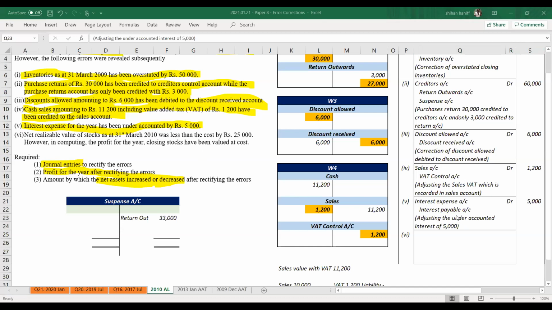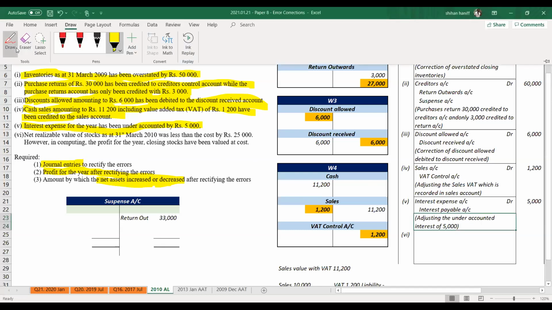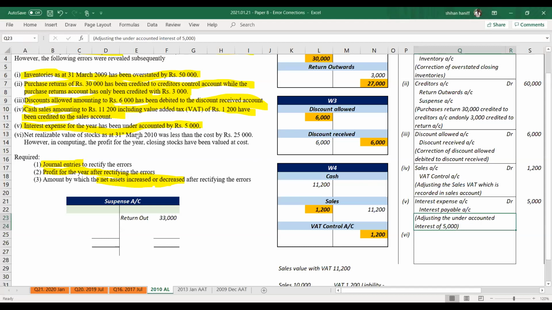So this is other payable, the interest payable account. It's not trade payable, so that is why we don't take it to the payables account. We have to show it as interest payable. If you assume that only the expense account is under-casted, then you can credit the suspense account. Then that is fine.